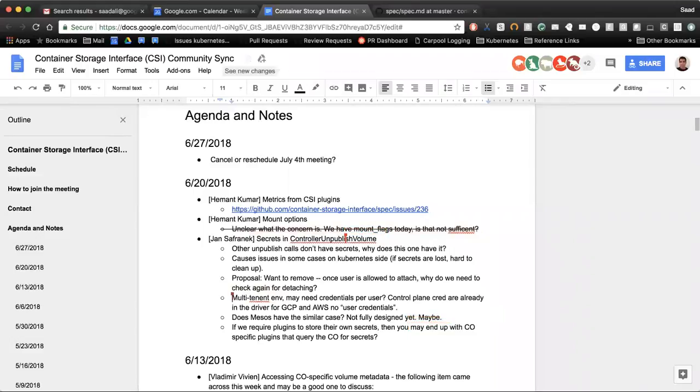You're saying Cinder might require it. Jan, are you familiar with the Cinder use case? Well, I know how it works. You can have multi-tenants there, and each tenant could have its own secrets, but I'm not sure how I would deploy Kubernetes there.